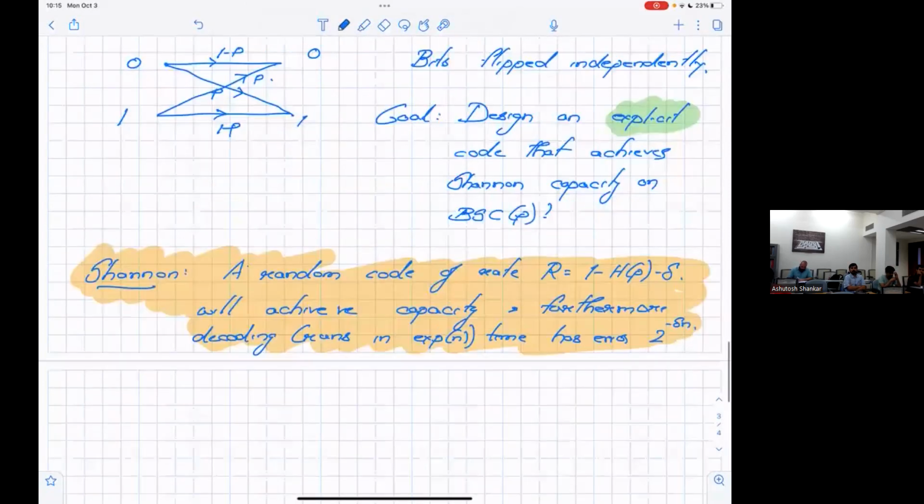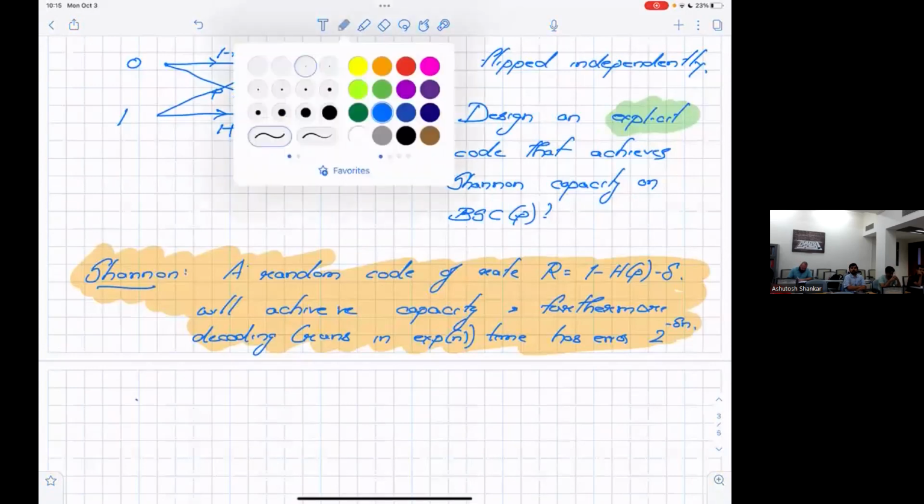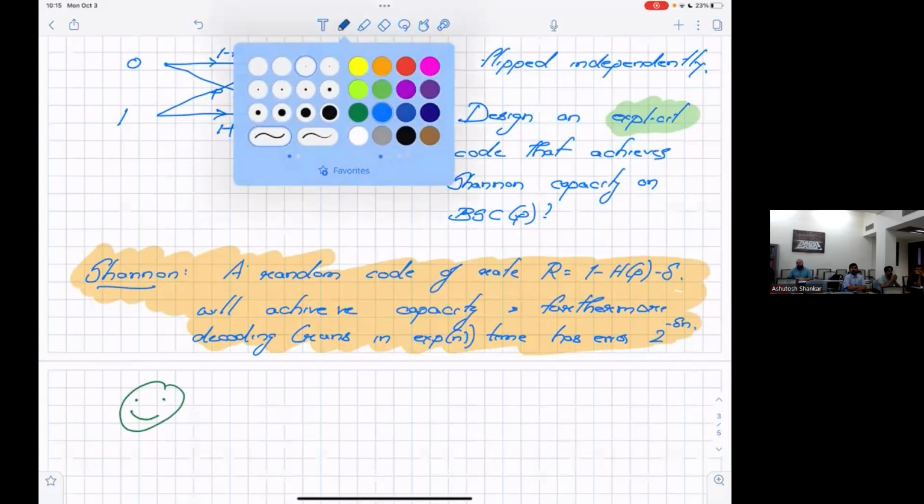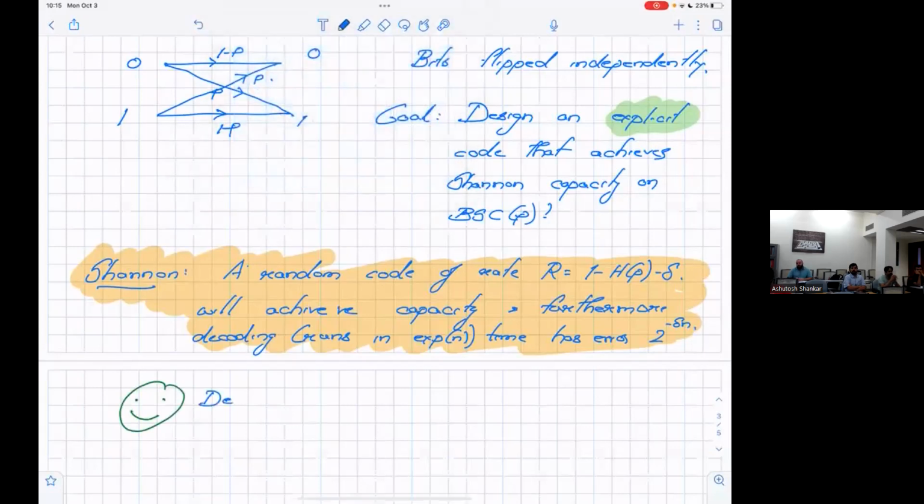What's good about this particular code is the fact that the decoding error is exponentially small.